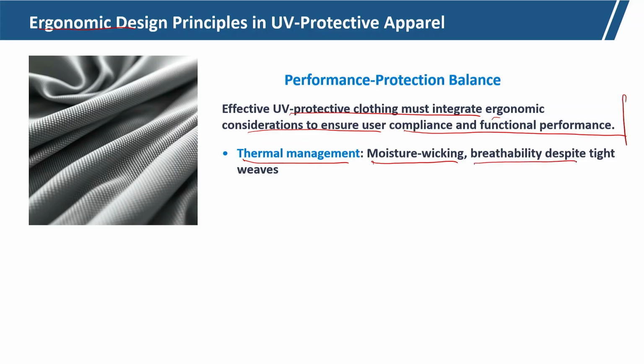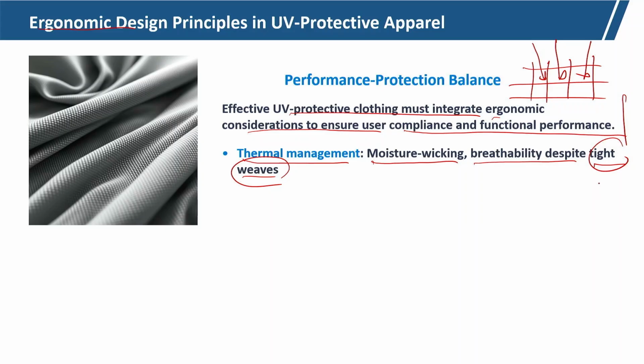It should be breathable despite tight weave. So, we need this tight weave for protection. We cannot have open structure. If it is open structure, then UV ray can easily penetrate through the structure and our body will get affected.